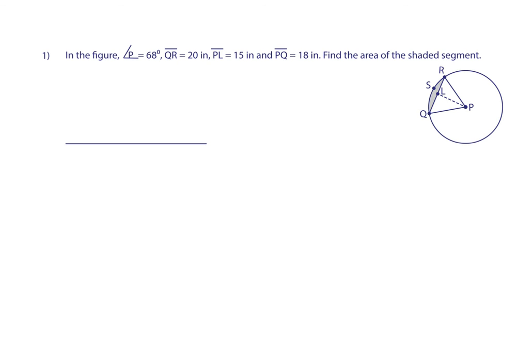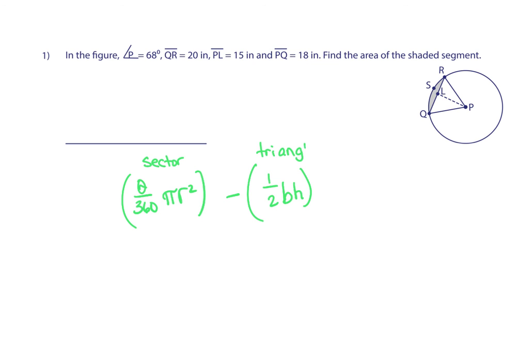So remember, for a segment, you're going to do the formula for your sector, which is your angle over 360 pi r squared. So you take your sector and you subtract your triangle. And what's left over is your segment. All right.